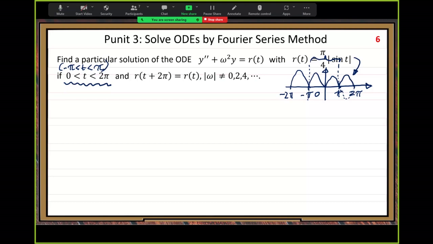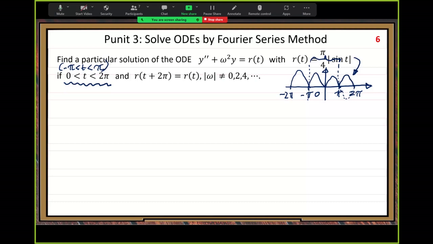When we do Fourier series expansion, it could be different. When we take a different period, the calculation could be different.